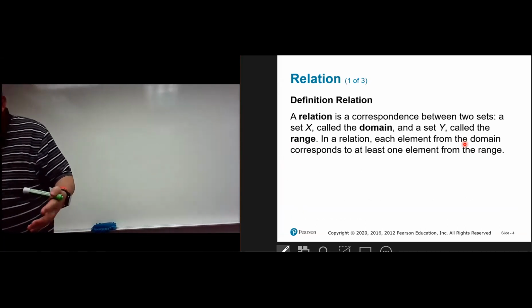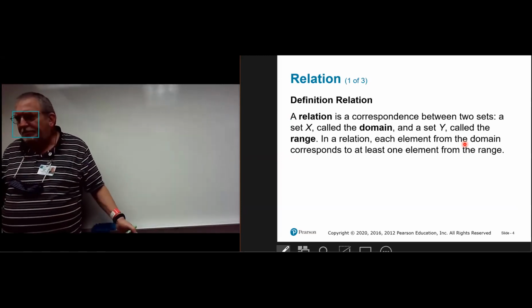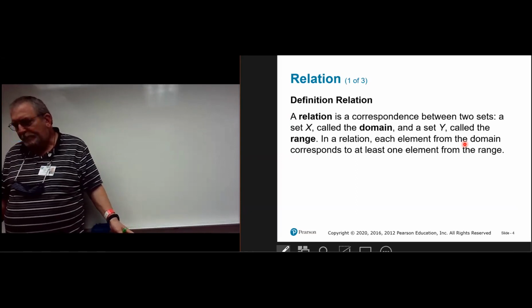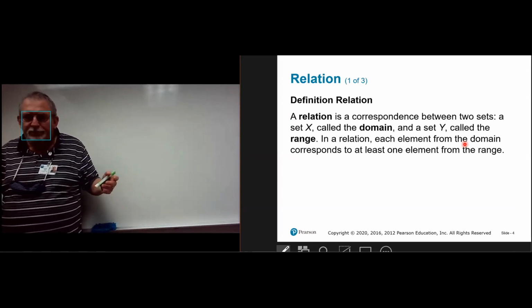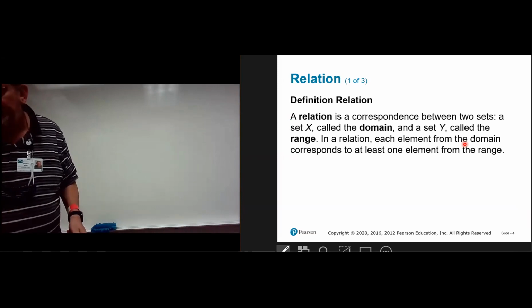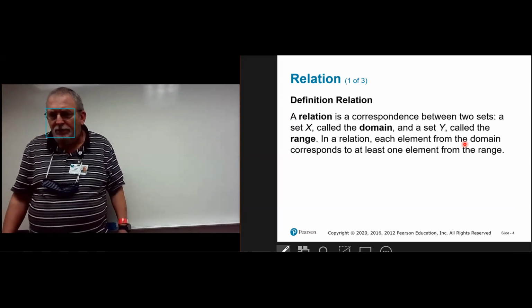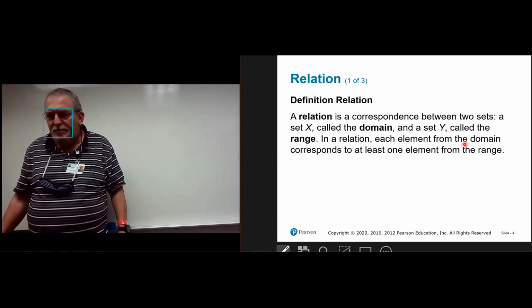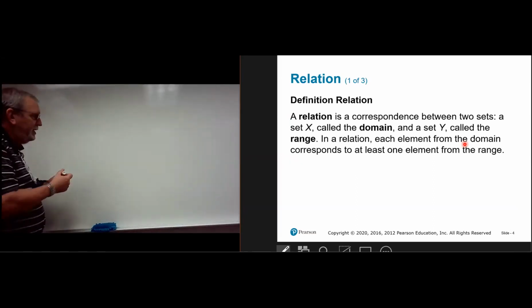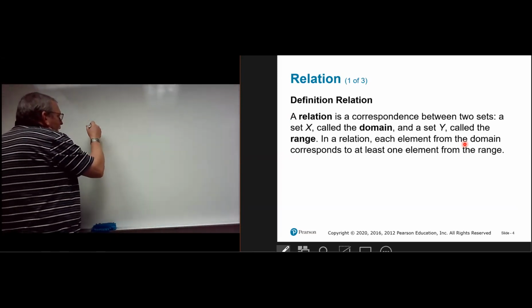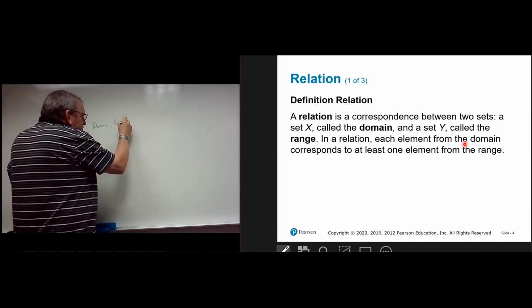So the first thing we're going to talk about, what is a function? I mean, what is a relation? A relation, simply put, is a set of ordered pairs. Okay, a set of ordered pairs where you have two sets of things, and that's what they say here. A relation is a correspondence between two sets. A set X called the domain and a set Y called the range. In a relation, each element of the domain corresponds to at least one element of the range. That means if I put them in as pairs, I have something from the domain and something from the range.